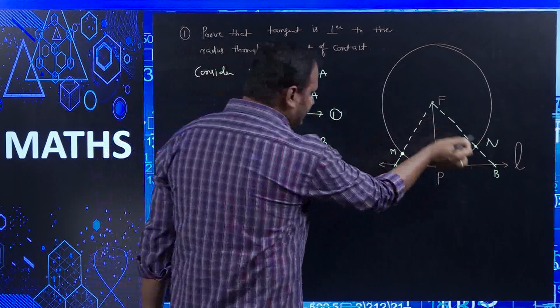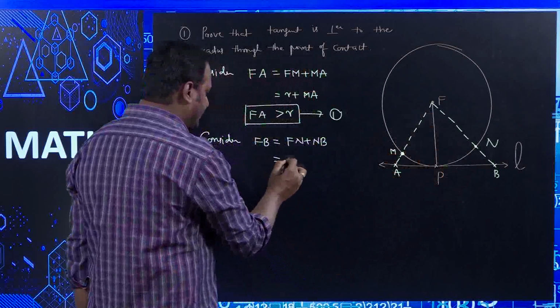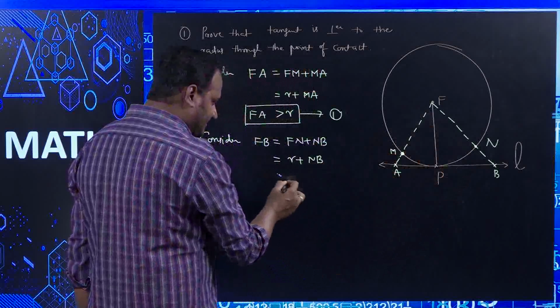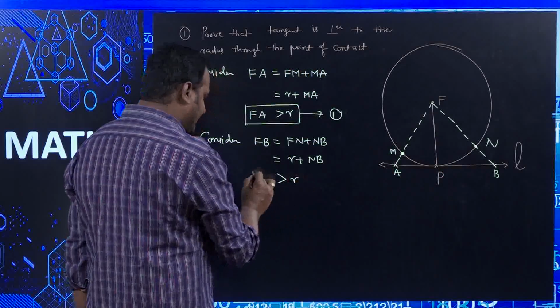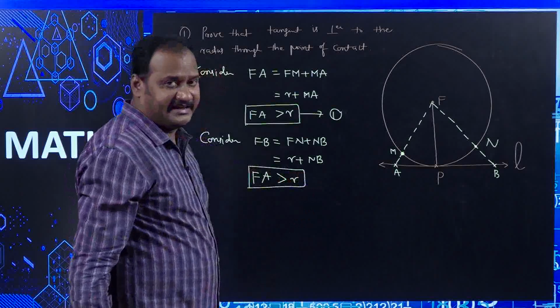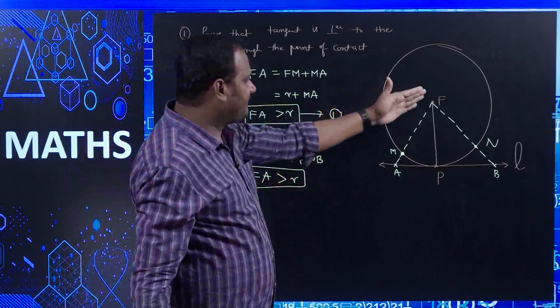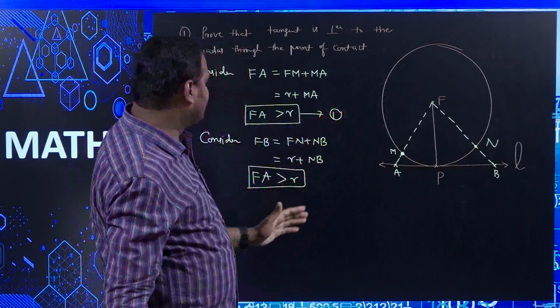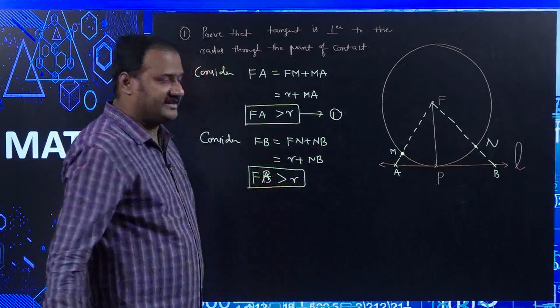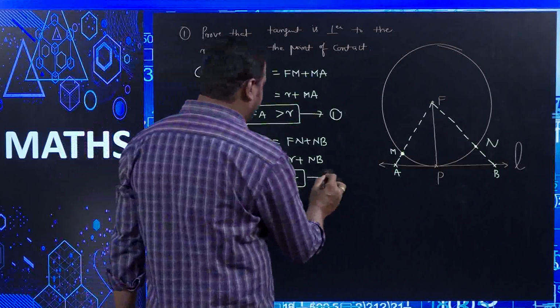But what is this FN here again? FN is going to be the radius. So radius plus NB, obviously radius plus something must be more than the radius. It means FB is also more than radius. See here, we got FA is more than radius as well as FB is also more than radius. So FA more than radius, FB more than radius, what does it mean?